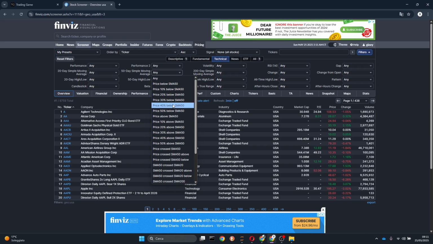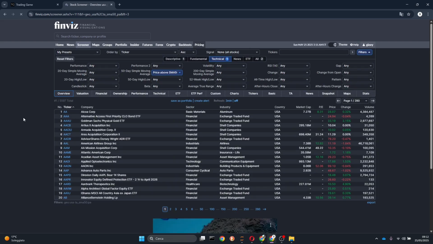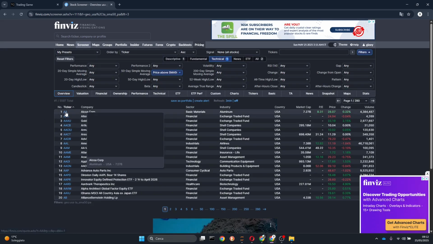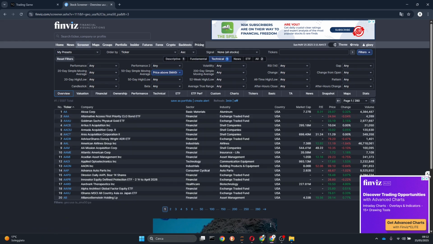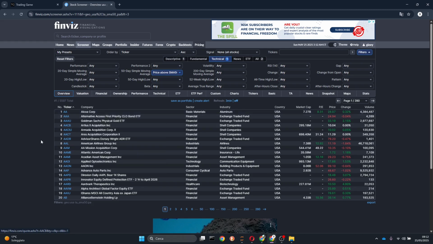So, for example, I want the price to be above the moving average calculated on 50 days, and we have a first selection. This is a very interesting filter. Again, it's my type of trading, so it's my strategy.